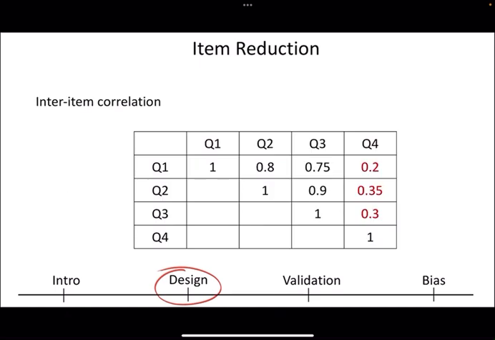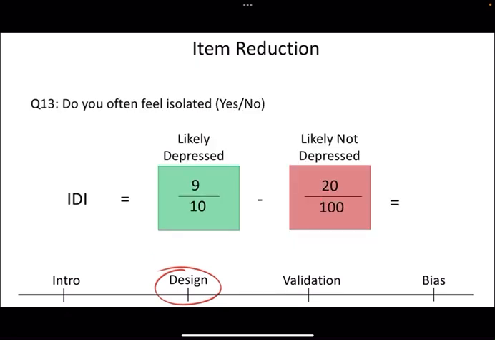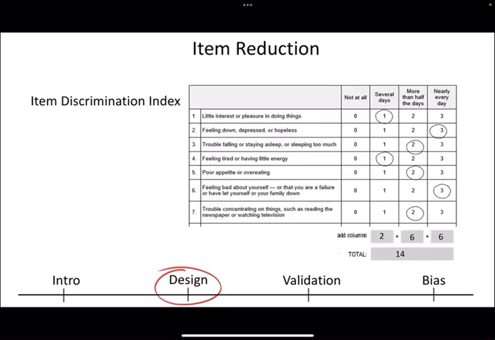Inter-item correlation, this is like a correlation matrix between the questions. Basically, this is one of those rare situations where we want high correlation between all of these questions. And the reason for that is, like I was showing, I'll just skip back. If someone's truly depressed, we want all of these questions to be answered similarly, and in that sense, they will be correlated.